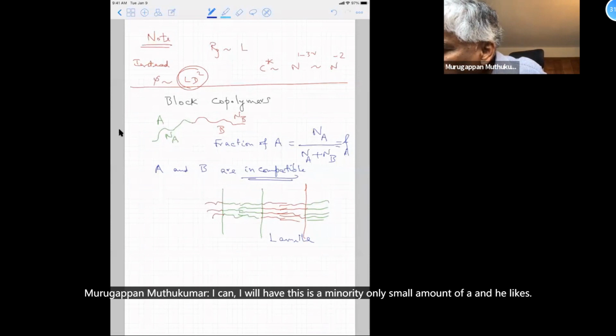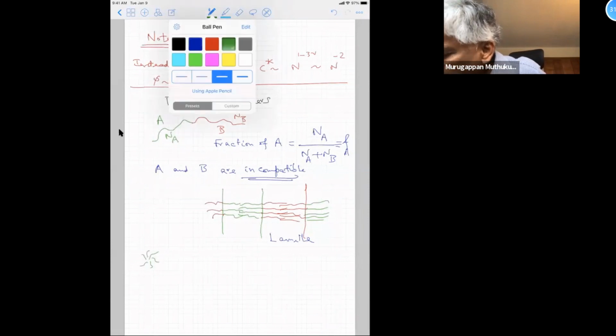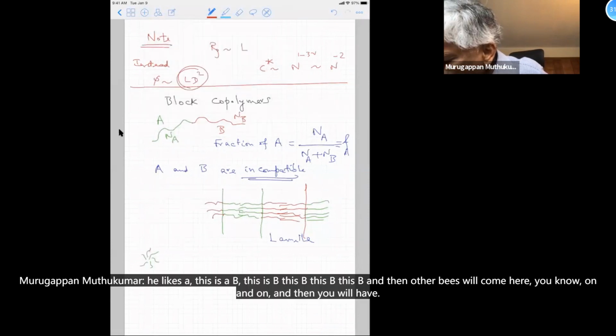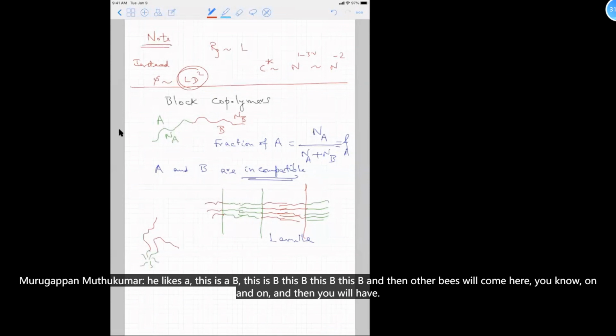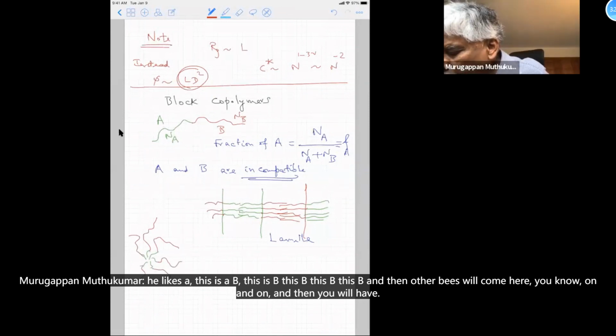This is a minority, only a small amount of A. This is B, this is B, this is B, and then other B's will come here, on and on.